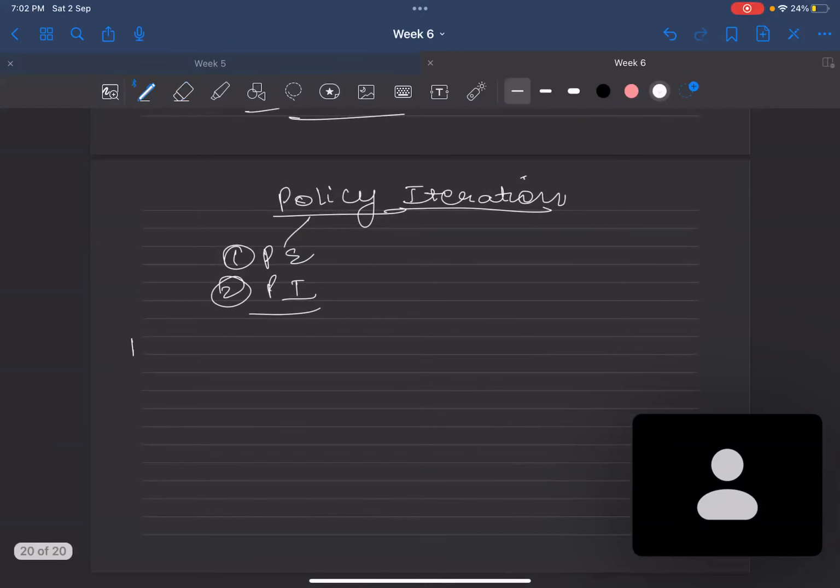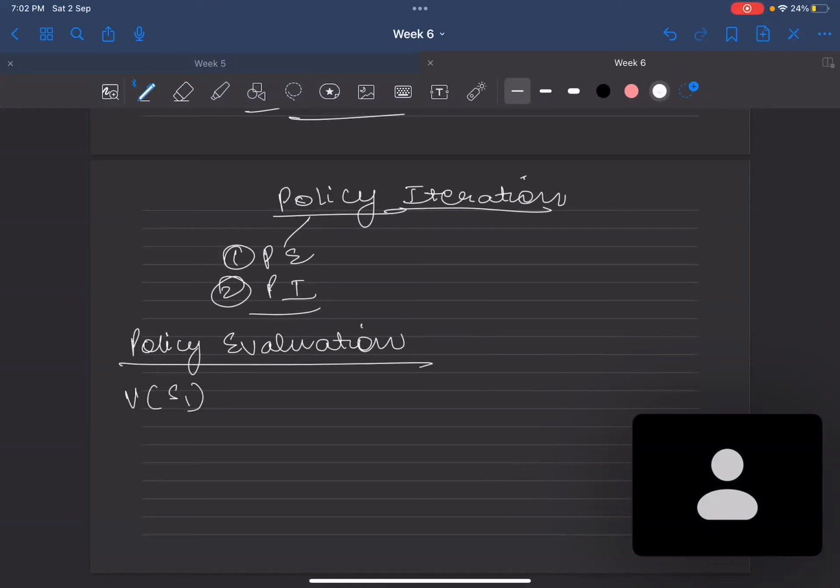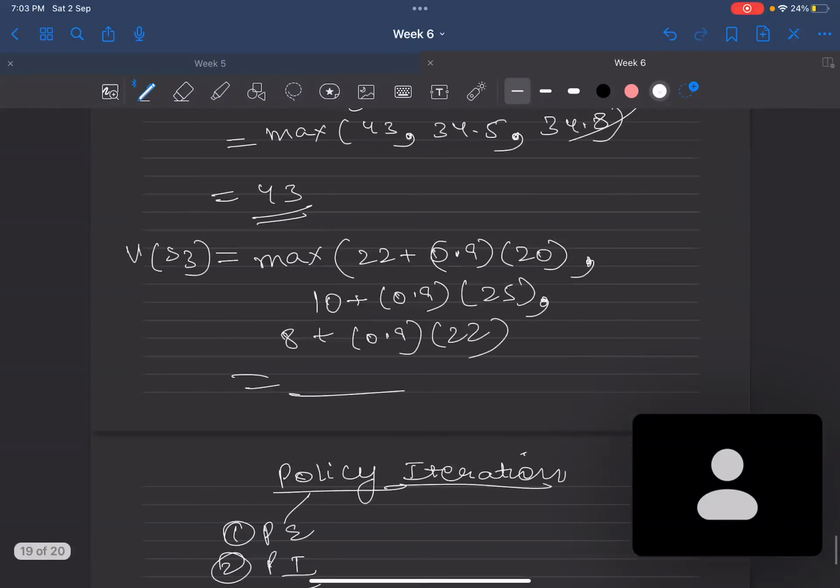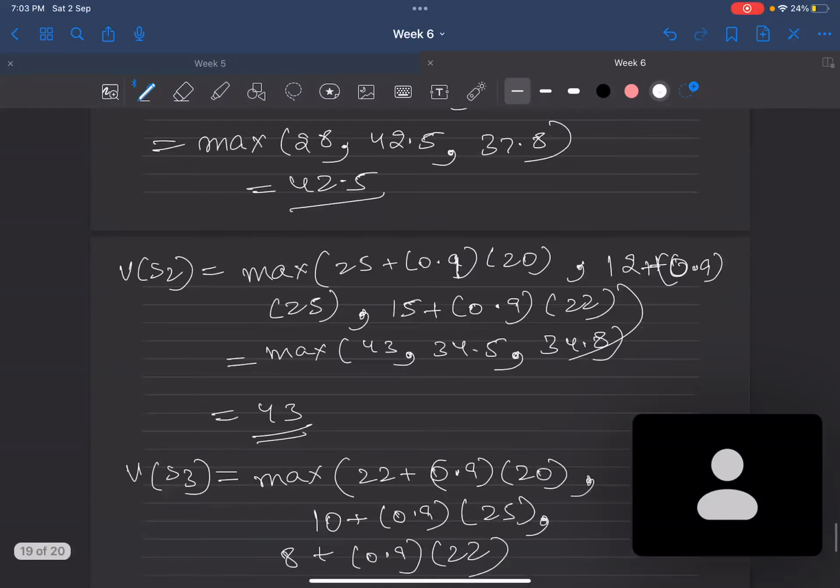Now coming to policy evaluation first. What is pi naught? The initial policy, a uniform policy.